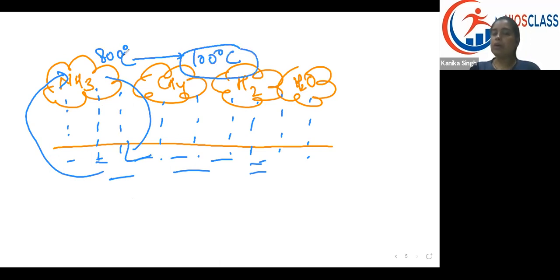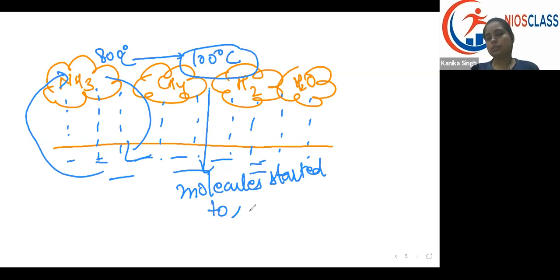Because of this lower temperature, molecules started to stabilize. And what happens after stabilization? After stabilization, these molecules like NH3, methane, hydrogen, and water molecules started to form a chain-like structure.